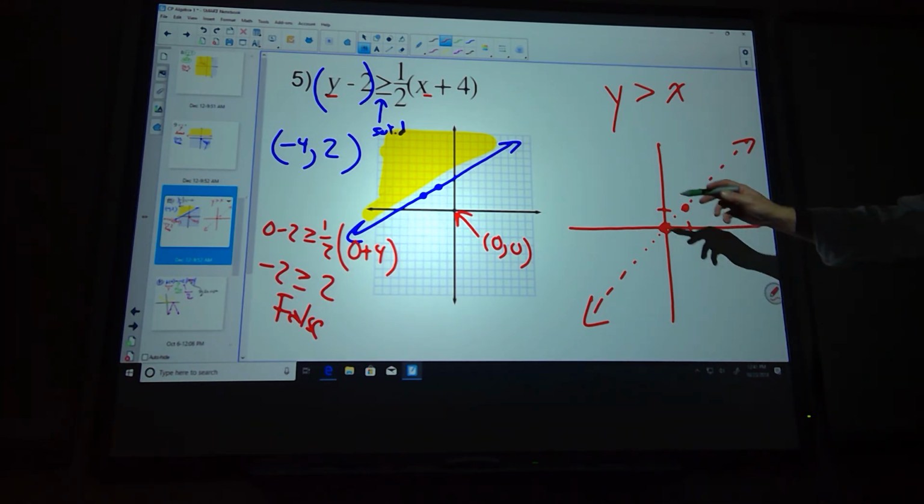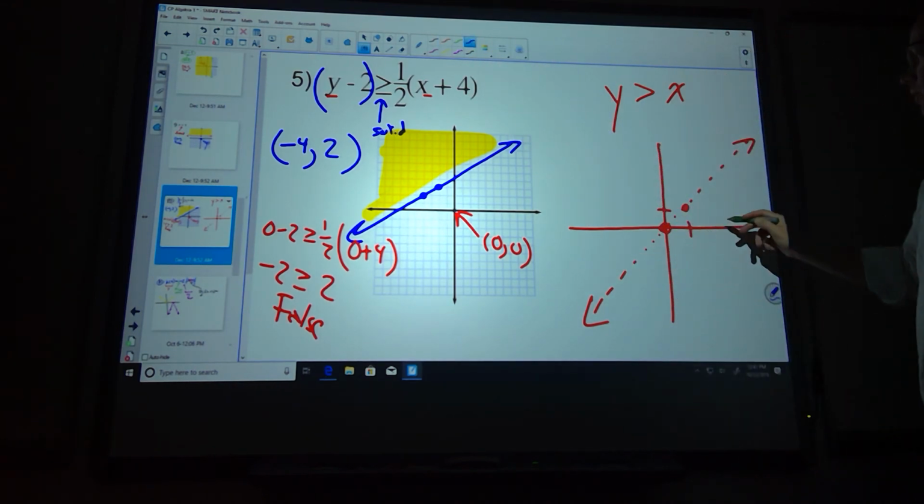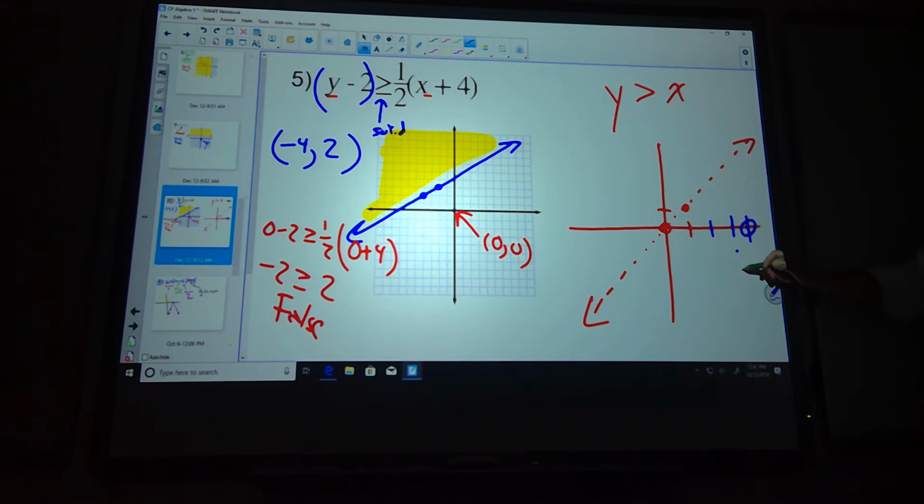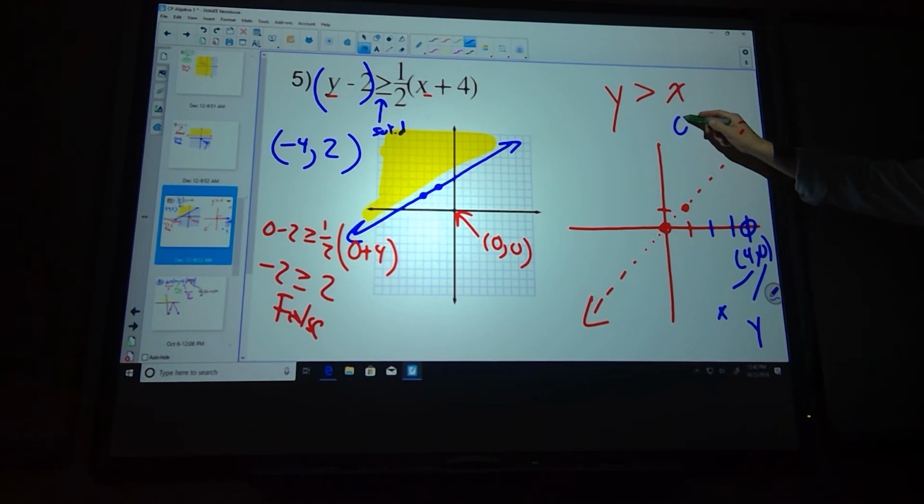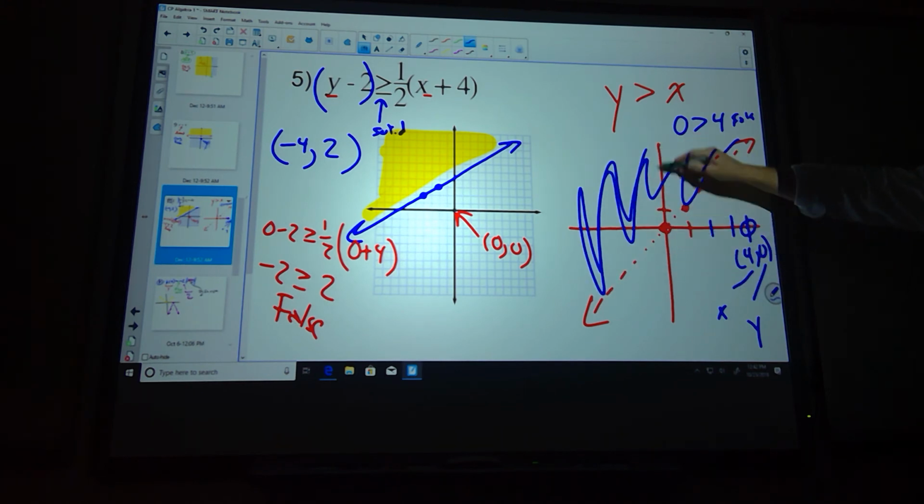So I have to pick something else that's not there. I might pick, let's pick this, that's like 4, 0. 4, 0 is on this side of the line, you agree? That's an x value. That's a y value. Let's plug them in. So I get 0 is greater than 4. True or false? No, false. So this is the region up here that you shade.